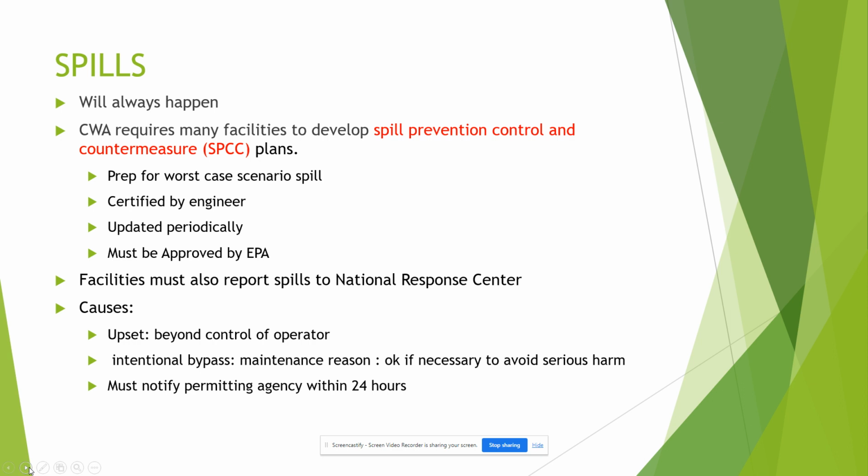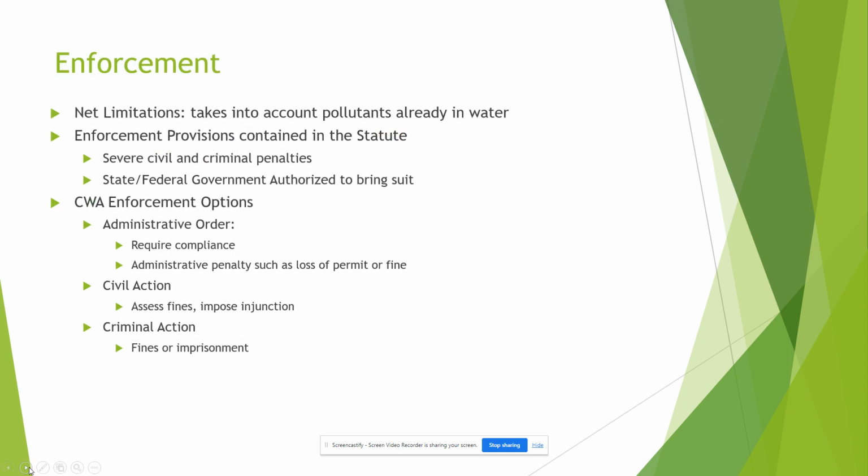Like, I've got to bypass this because if I don't, the whole thing's going to blow, or something like that. So, if that has occurred, you have to notify your permitting agency within 24 hours.